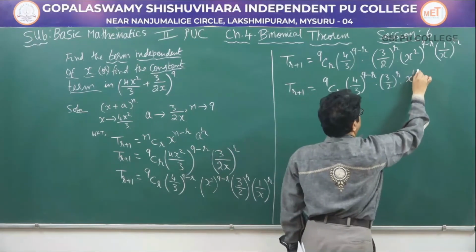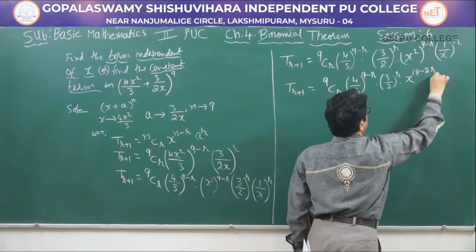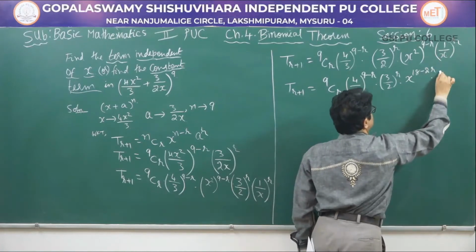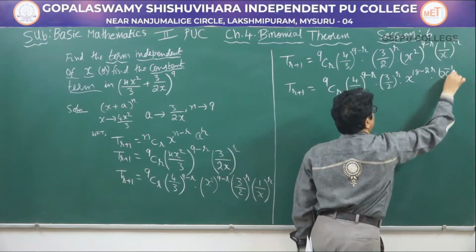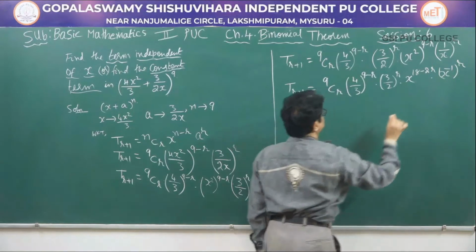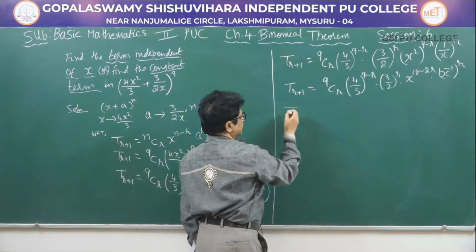So (x²)^(9−r) is x^(18−2r), and 1/x is nothing but x^(−1) whole power r.